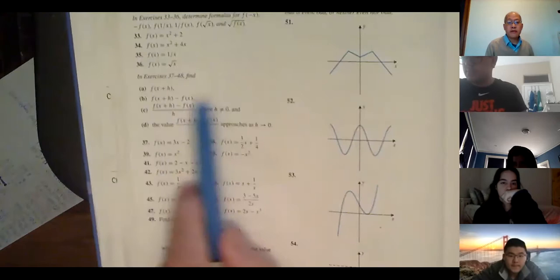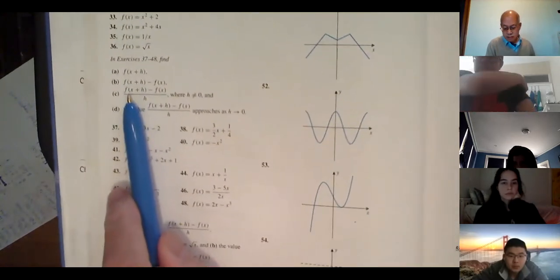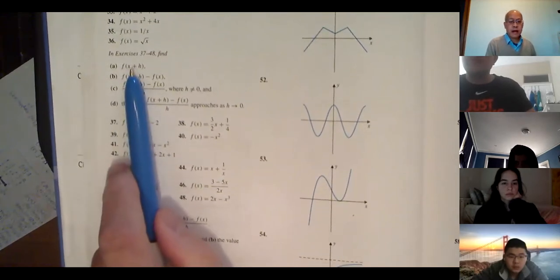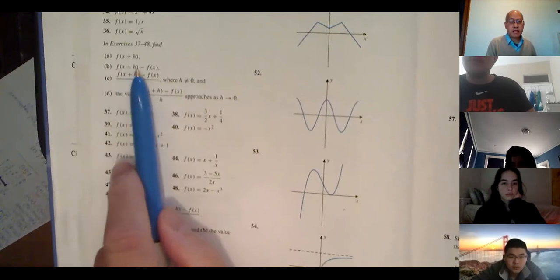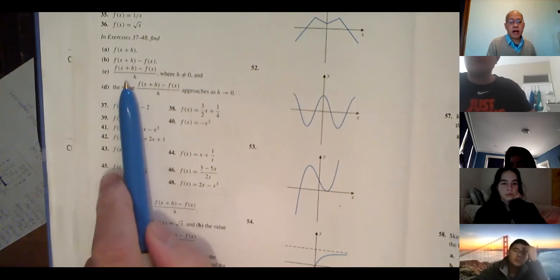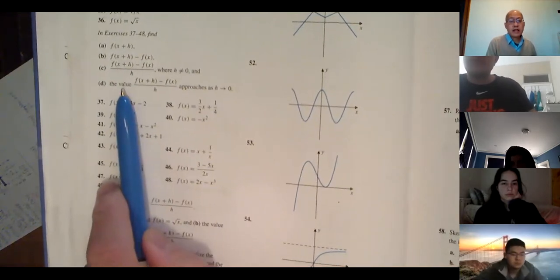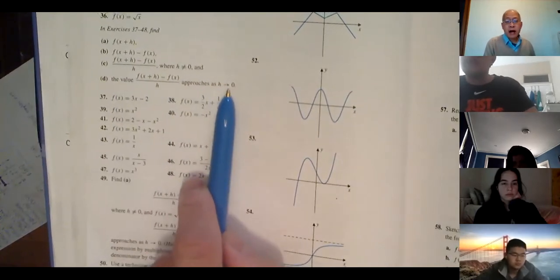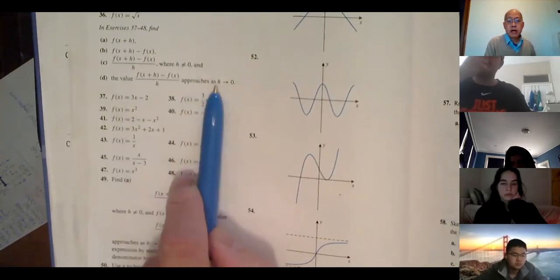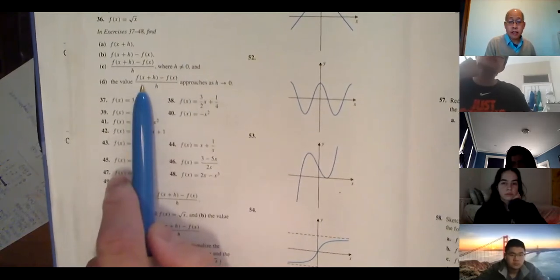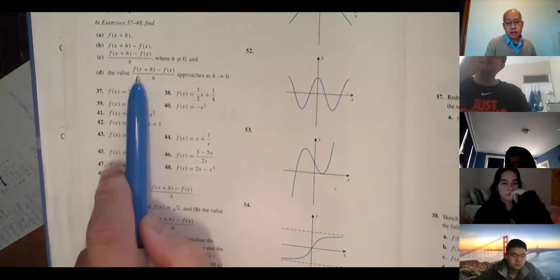So 37 asks you all this stuff here: f of x plus h minus f of x all over h. And then it says the value of c as h, that arrow means approaches. h approaches 0. This concept you'll see a lot when you get to calculus. So they're trying to set you up for it since we're in pre-calculus.